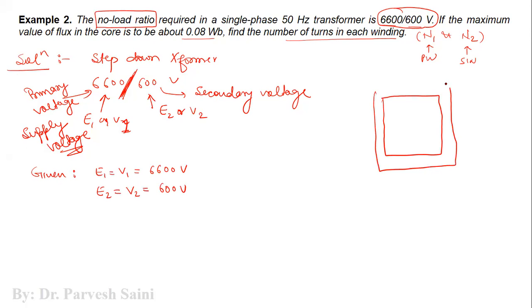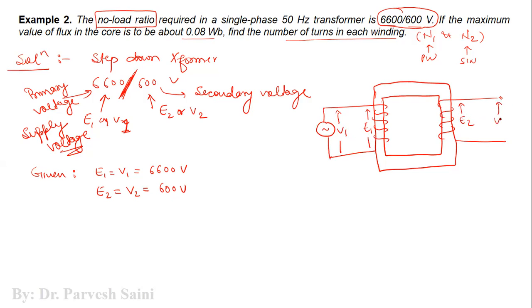The secondary is open. This is the primary winding, and the AC supply is connected here. This is V1 and this is E1 here. Then we have E2, and this is V2, and this is open. So these two values are given.